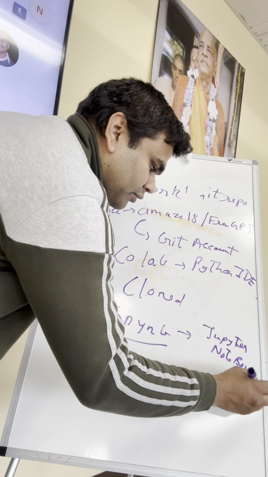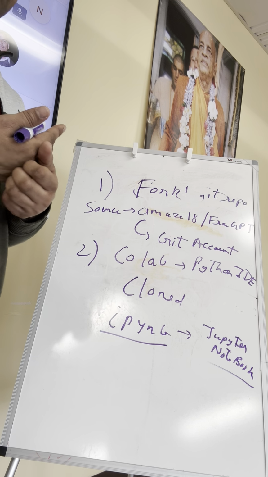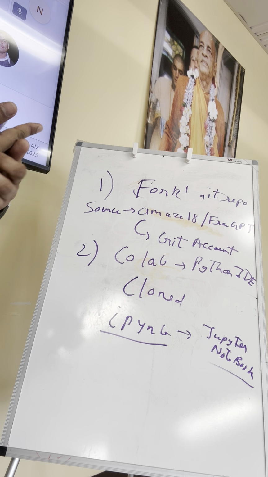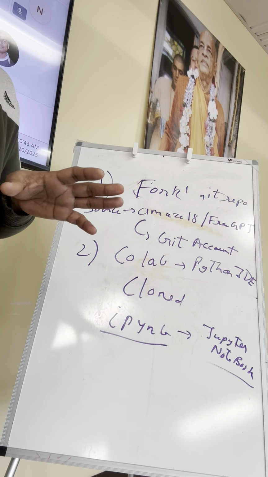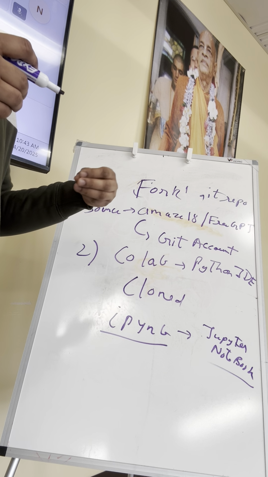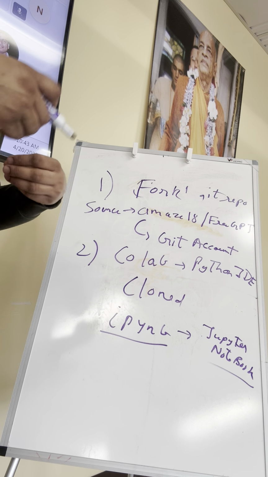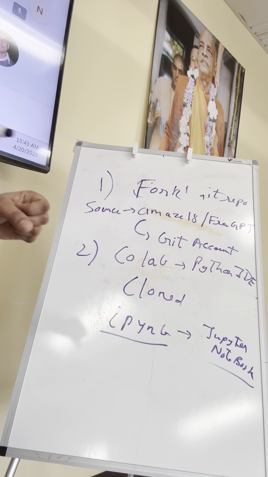There are multiple Jupyter notebooks present in that code repo. You can open them and start editing them. That is one way. You can also download them if you have your own Jupyter installed in your laptop and open them there. It's up to you.